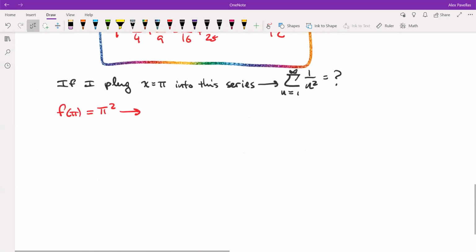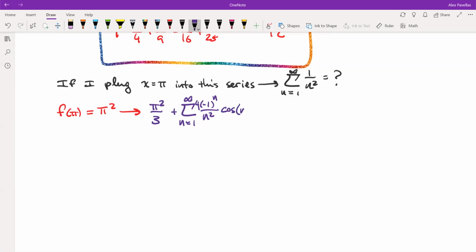So that means pi squared over 3 plus the sum as n goes from 1 to infinity of 4 times -1 to the n over n squared times cosine of n pi. We just replaced the x with pi, and that's supposed to add up to pi squared.